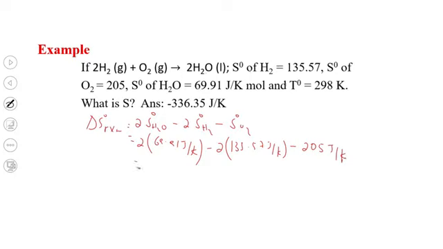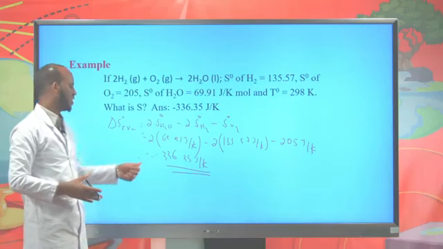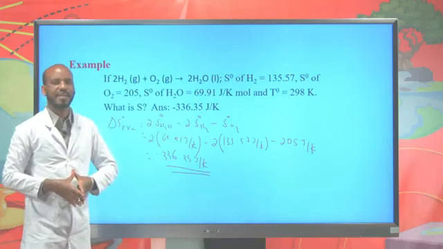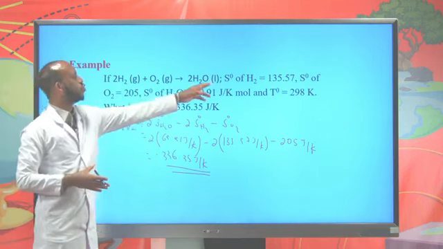Now this gives minus 36.35 joule per Kelvin. You see, it's negative. Entropy change delta S is less than 0. You see the change from gas to liquid.